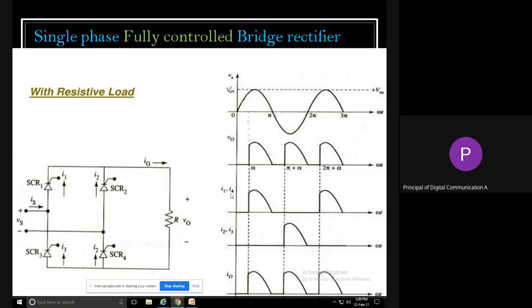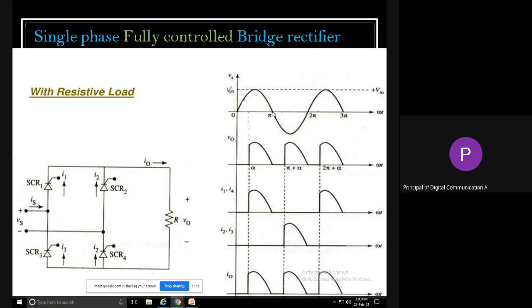That is, the current flows through SCR1 and SCR4. This is what they have shown as the current pulse. It will flow up to pi because the basic condition is forward bias. And till what time will it be in the on condition? Till it is in forward bias.